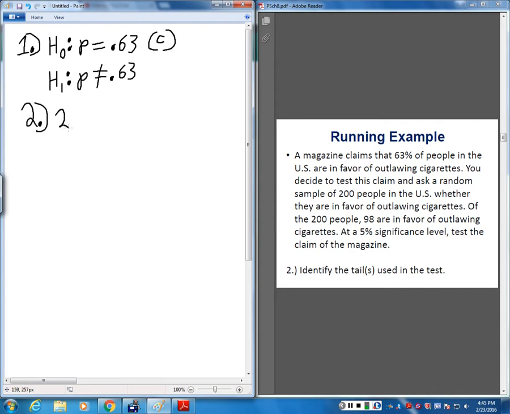So this is a two-tailed test. Both left and right. If I were to sketch that, it would look something like this. When I look at the distribution of data or probabilities, I'll be watching for my sample data to fall in either tail.